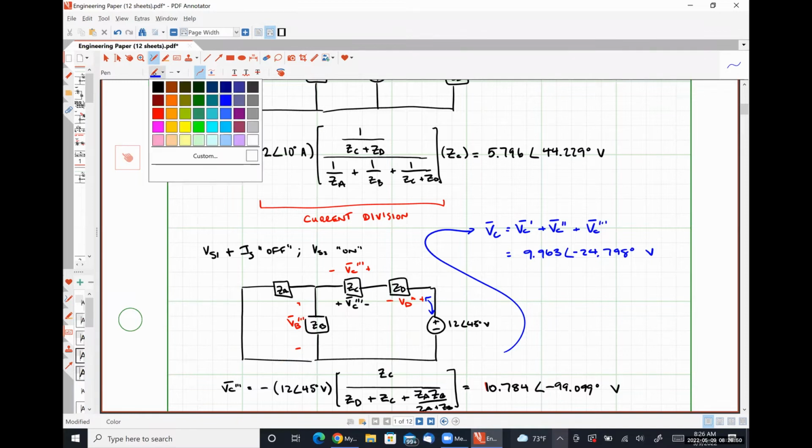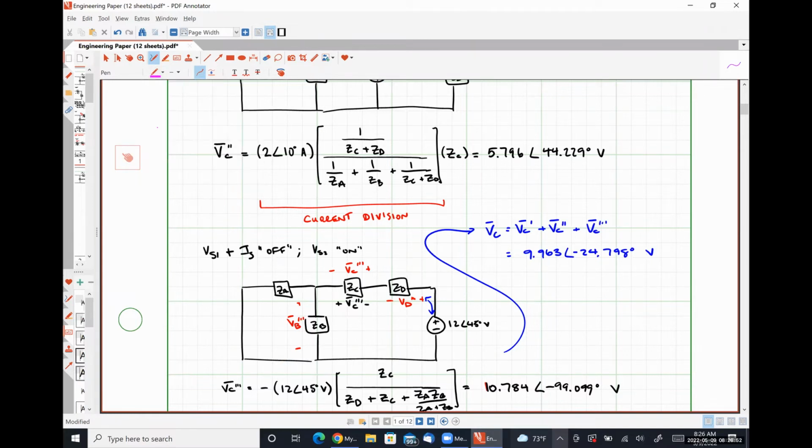Another way to think about this is that as our current leaves our source, we expect it to be leaving from the positive polarity terminal, and we expect this current flowing into the positive polarity terminal of our impedances in this case.